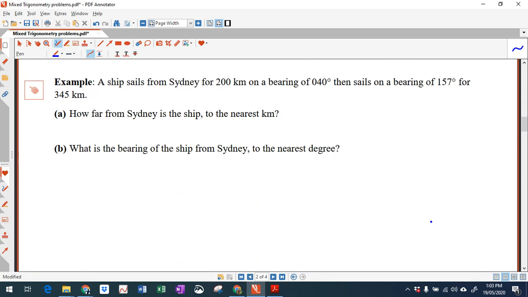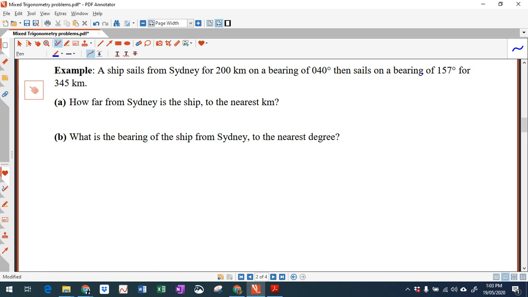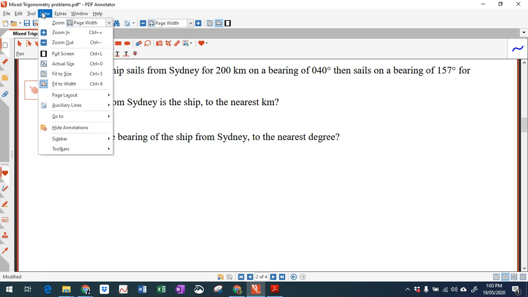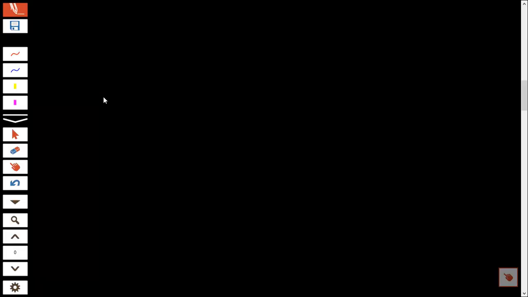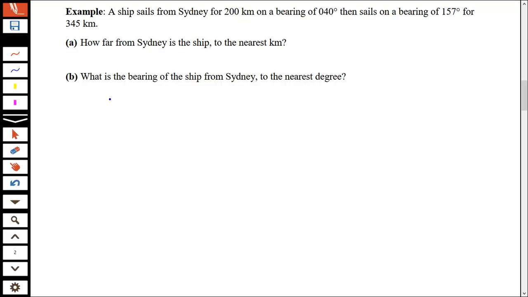Now a ship sails from Sydney for 200 kilometres on a bearing of 040 degrees. Let's just get some more real estate here. We'll go to full screen mode for this one. So we've got to draw a picture here, don't we? So let's have a look.